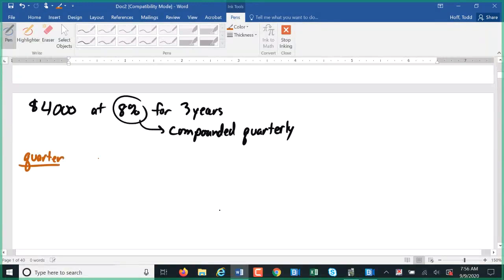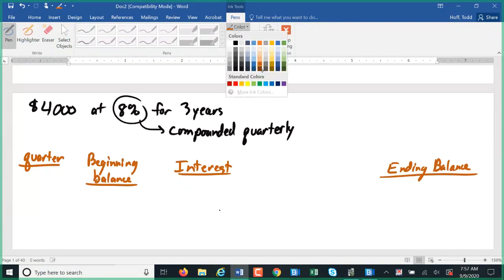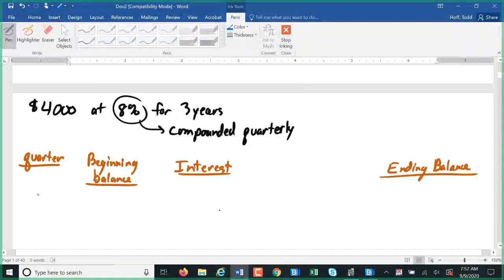So we're going to have our quarter, we're going to have the interest. Actually, let's do a beginning balance first, then the interest, then the ending balance. In our first quarter, the beginning balance, of course, is the principal of $4,000.